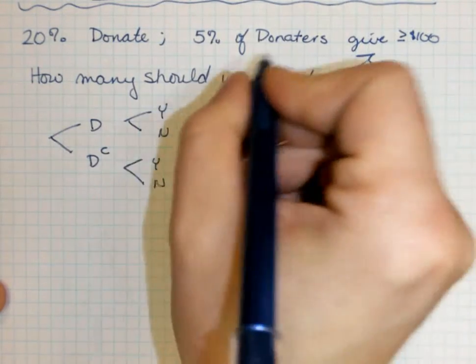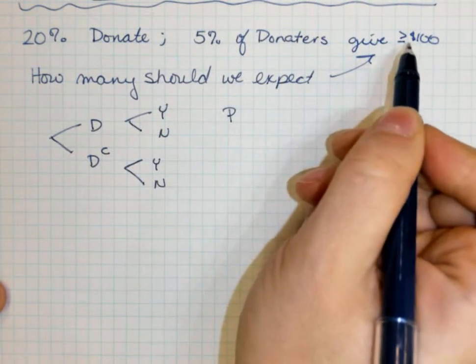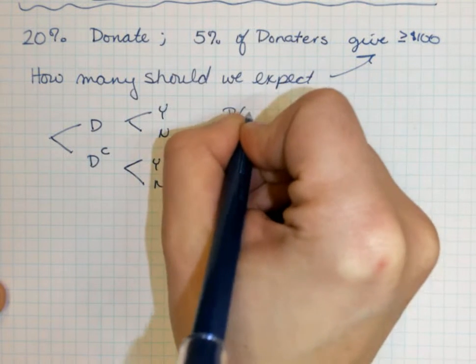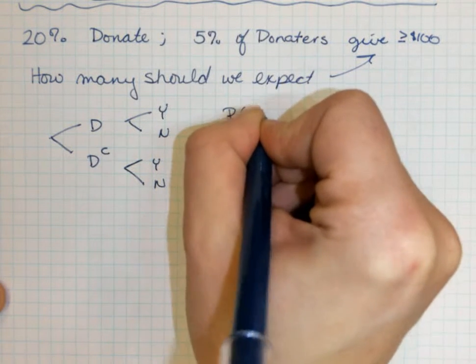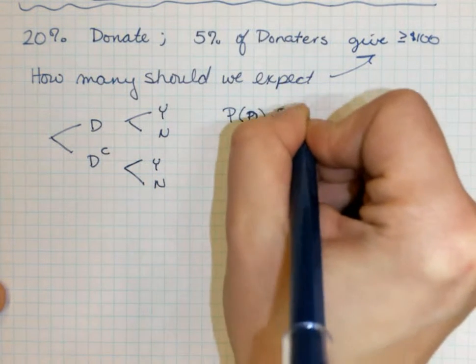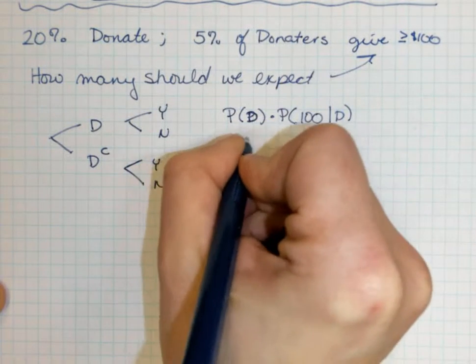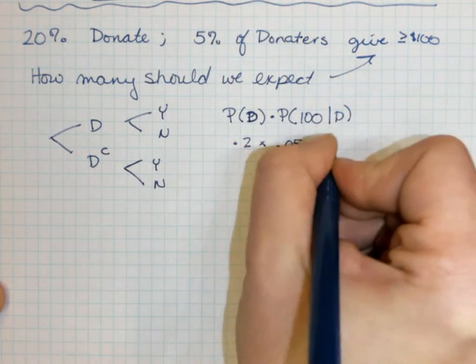Or you can think the probability that you got a donator who gave $100 starts off with the probability that they donated times the probability that they gave the $100 given that they were a donator. So that's 0.2 times 0.05. What is that?